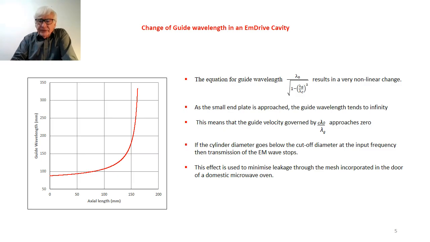It's quite a useful effect, this, because in a domestic microwave oven, the mesh which is incorporated into the transparent door of the oven has sufficiently small holes in it to be so far below the cutoff diameter that you get an absolute cutoff of the electromagnetic waves which are bouncing around inside the oven.